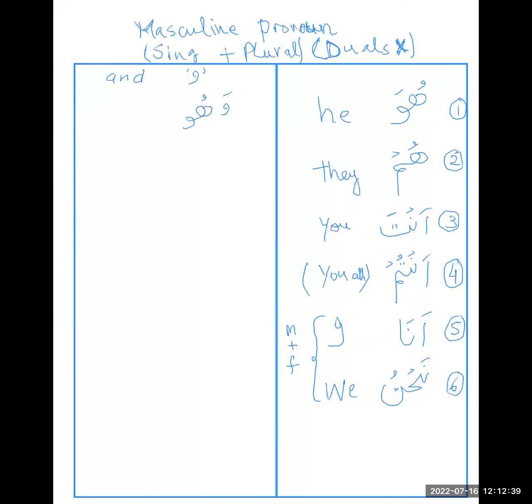What would be the meaning? Wa huwa. And yes. And if I say wa hum, and you got the idea. We will just attach wa with every word.